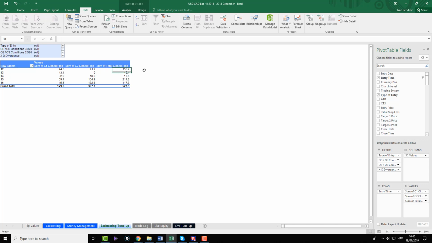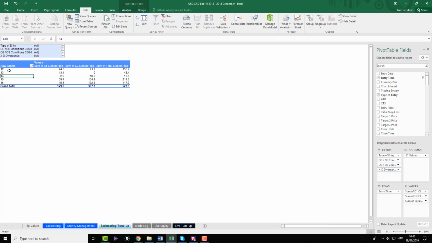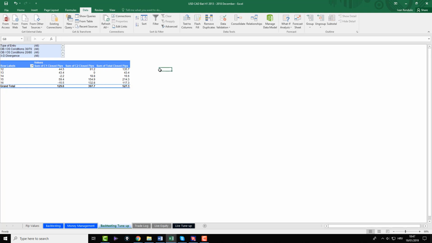There's one thing that you might notice or not. These hours here are candle close hours. If you have a trading platform, like I use cTrader, cTrader shows the time when the candle opens.